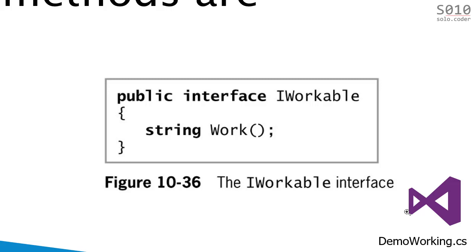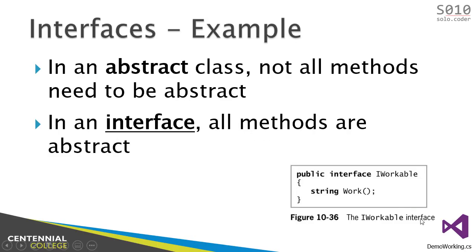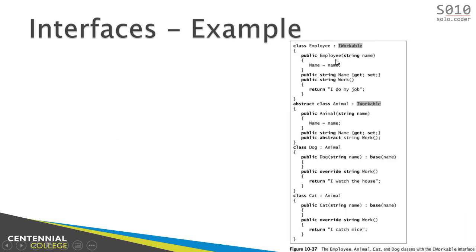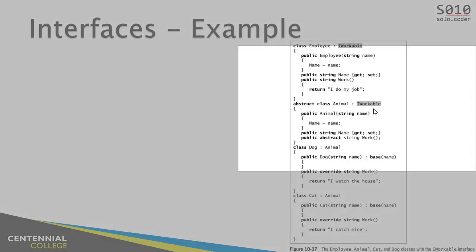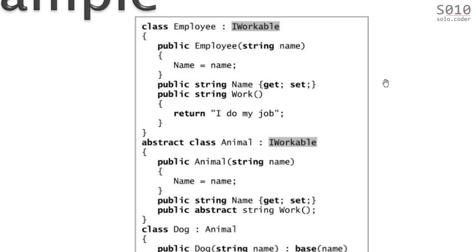What is similar to an abstract class is that I can aggregate all classes that have iWorkable together because they share one single parent. Okay? Let's have a look at the example here in the next slides. Look, we have employee, we have animal, both inheriting from iWorkable.